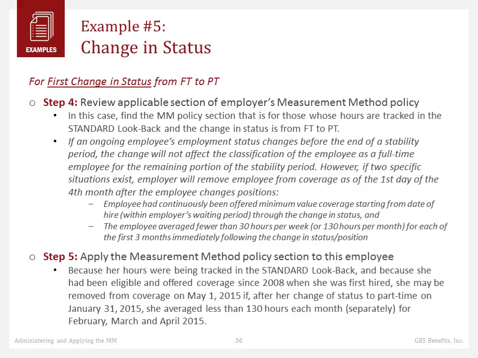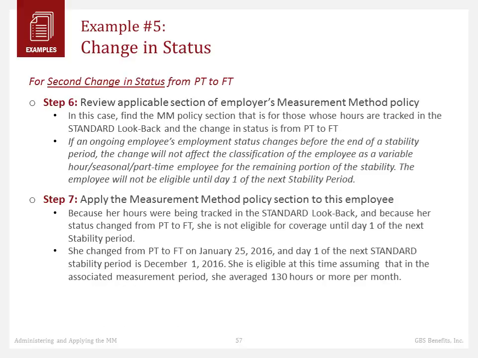So assuming for each month separately she had worked under 130 hours, and we know that she did because we had that information we gathered on the prior page, then she could be taken off coverage effective May 1st, 2015.